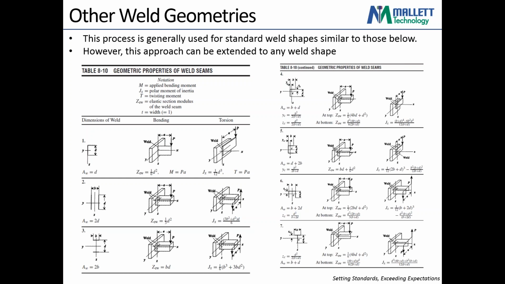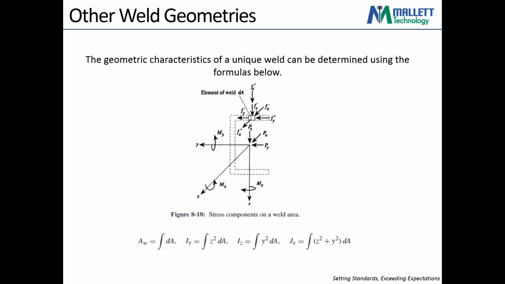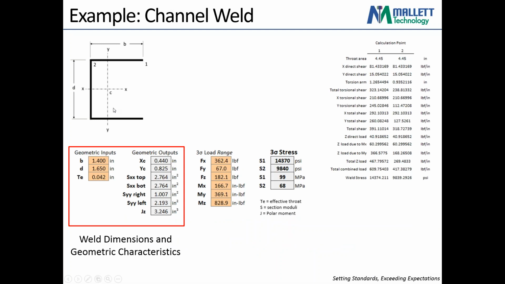So if you have these tables available, you can just go in and grab the geometric characteristics. If you do not, you can do the math yourself, right, using these formulas and some integration to calculate the weld characteristics, so then you can go on to calculate the weld stress. So this approach here I'm outlining really just follows standard textbook hand calculations for weld stress. So once we go through that process, we have our weld characteristics, those are defined.